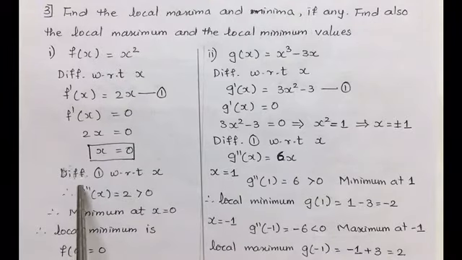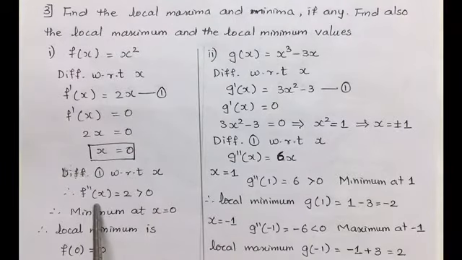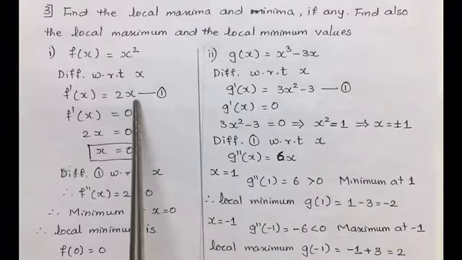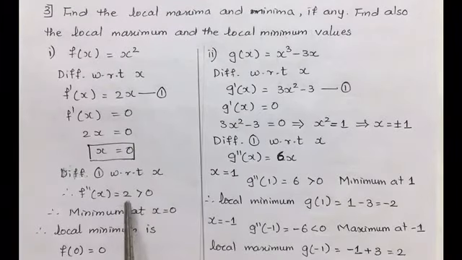Now again going for differentiating 1 with respect to x, the second derivative becomes f double dash x is equal to 2, since the derivative of x is 1, so only 2 remains, and it is a positive 2, so it is greater than 0.